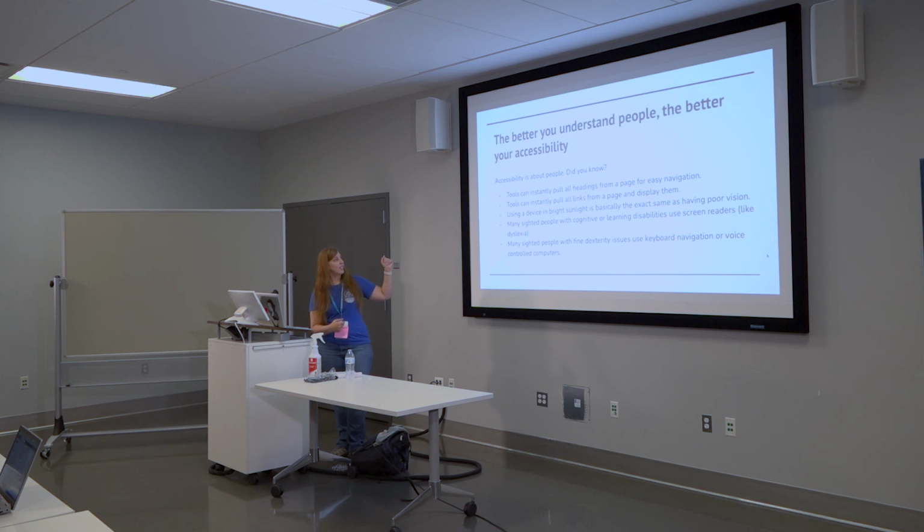And again, using devices outside, it's just like having poor vision. There are many people who use screen readers who can see just fine, but they have cognitive or learning disabilities. There are a lot of people with dyslexia who prefer to use a screen reader because it reads everything out to them. They don't have to worry about angel or angle.